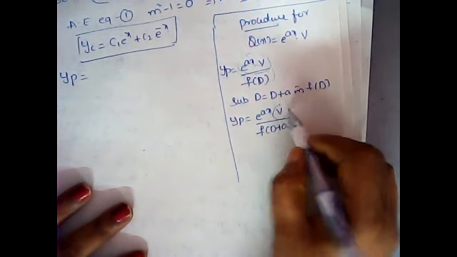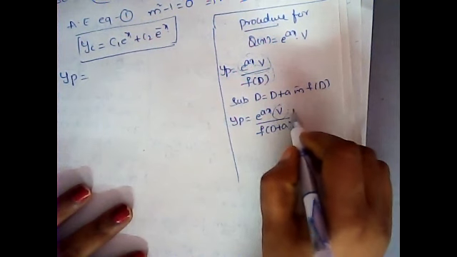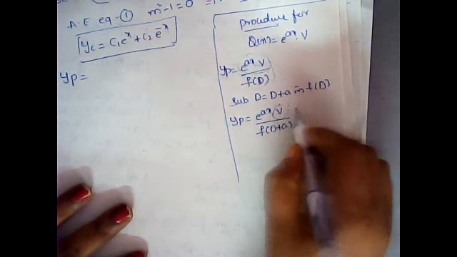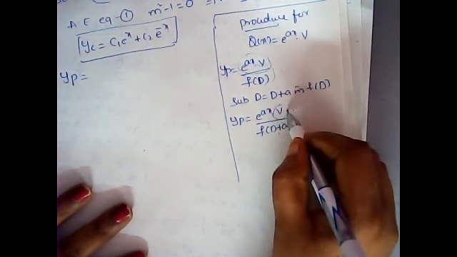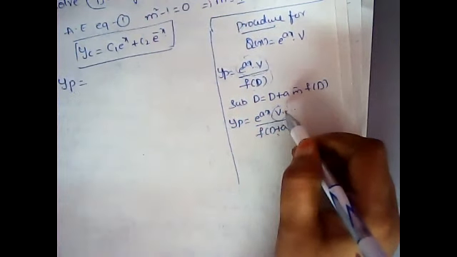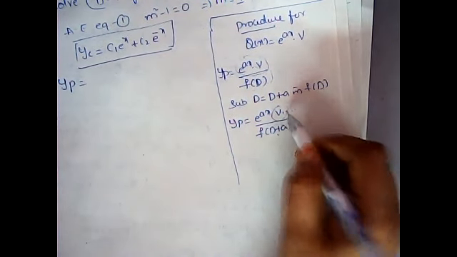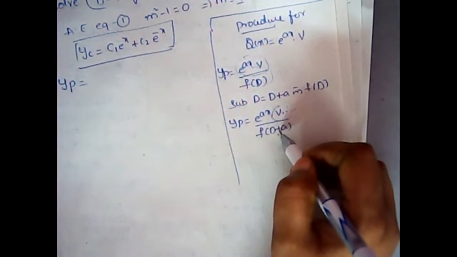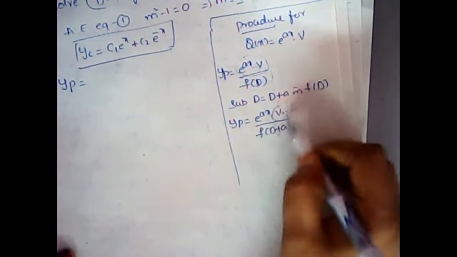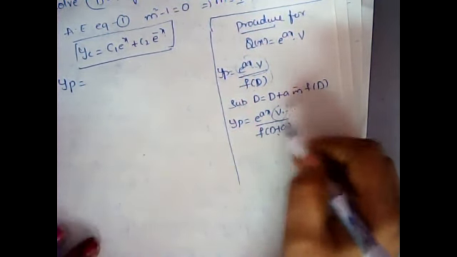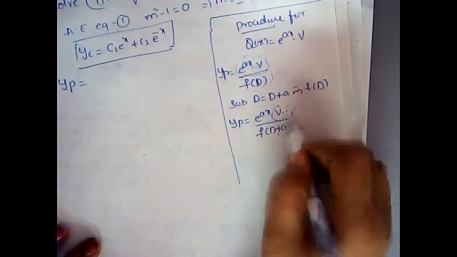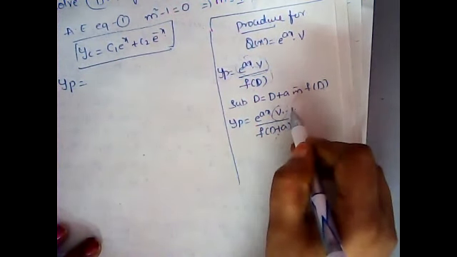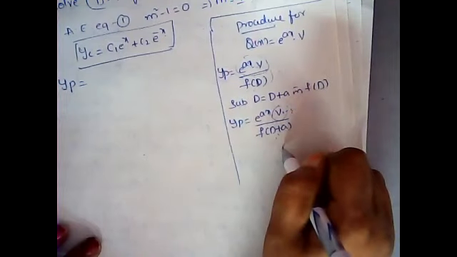Suppose v is sin x, then you need to apply the sin ax method. Suppose v is x power k, then you need to apply the x power k method. So it depends upon the v we got here.